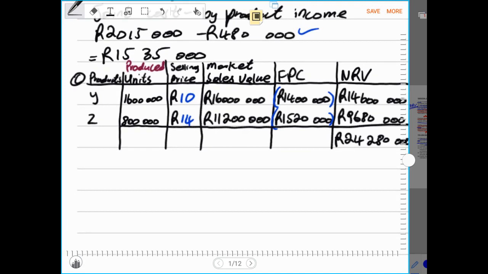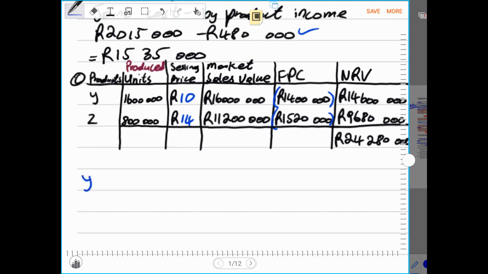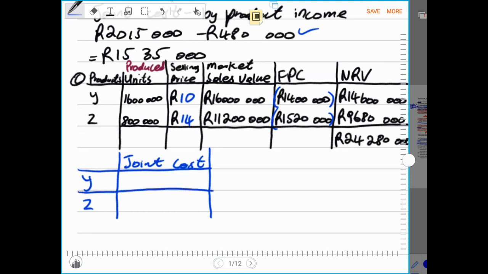Therefore, the last column will be the joint cost allocation, which is for product Y and for product Z. Remember, this was supposed to be on the last column, but due to the limitation of space, I will just draw this in here. So now we are allocating our joint cost using the net realizable value method.